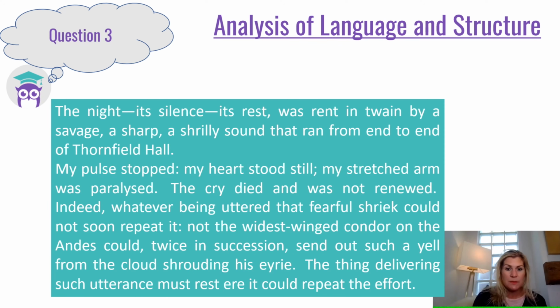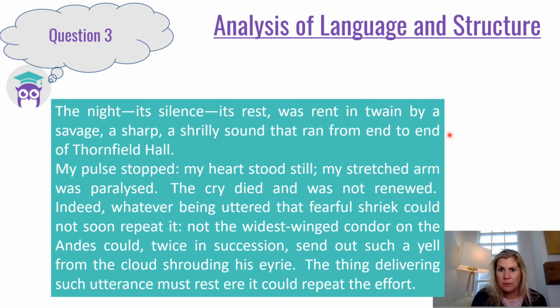So if this was me in the exam, the things that I would be looking at, I'd start up here. "The night, its silence, its rest, was rent in twain by a savage, a sharp, a shrilly sound that ran from end to end of Thornfield Hall." Okay, so immediately I'm starting to see devices as well as thinking about how violent and loud this sound appears to be.